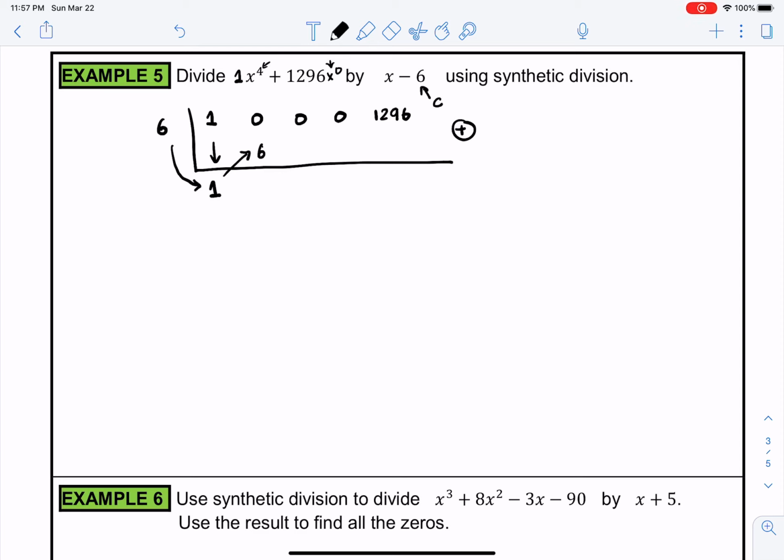With synthetic division, we always add. So 0 plus 6 is 6. And we multiply 6 with 6, put it over there. We have 36. 0 plus 36 is 36.